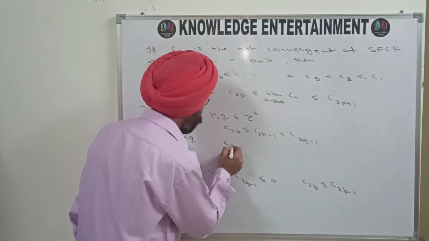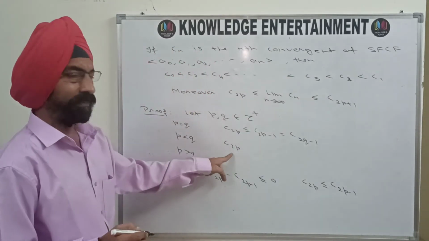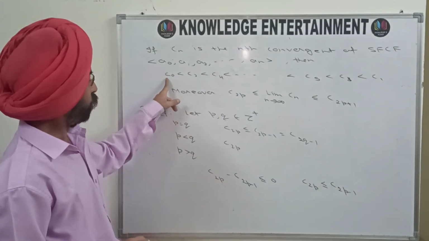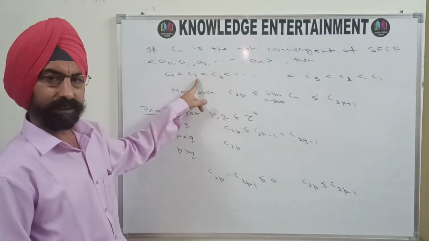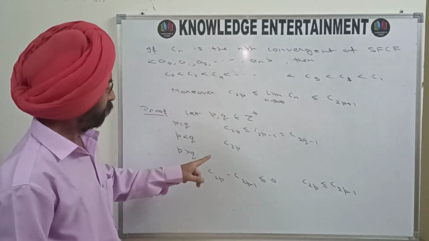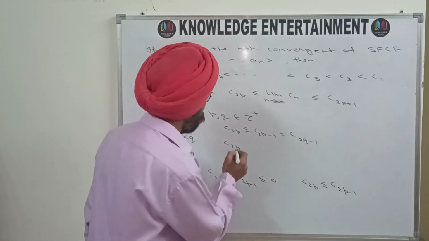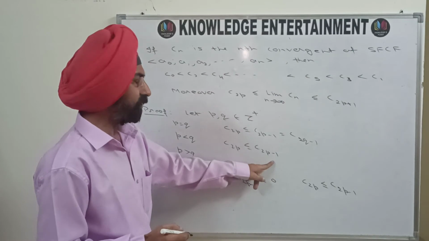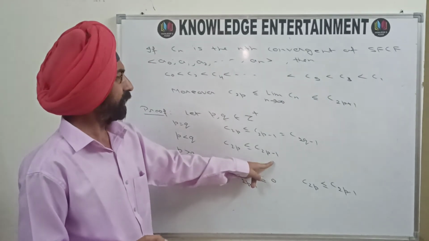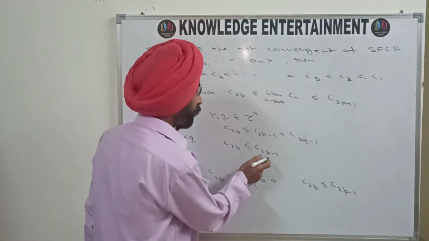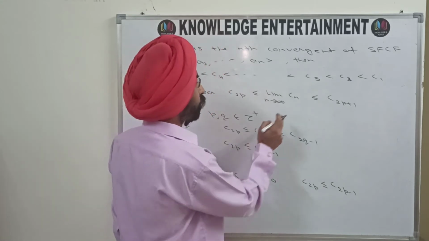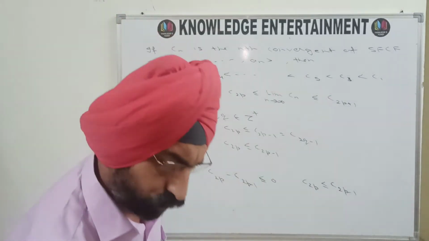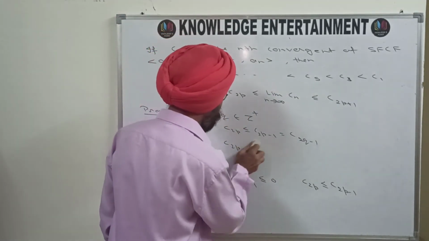that C2p, now 2p is even. For even, you know that C2p is less than or equal to C2p minus 1, and 2p minus 1 is odd. And for odd you know that, if p is less than q, a little bit of change is required here.